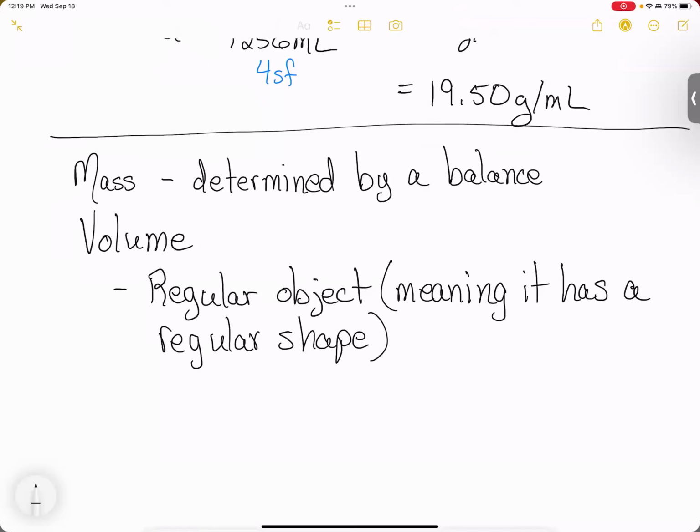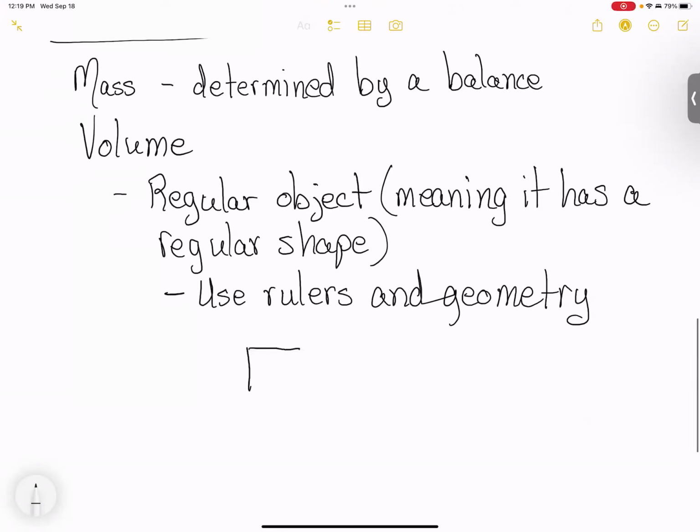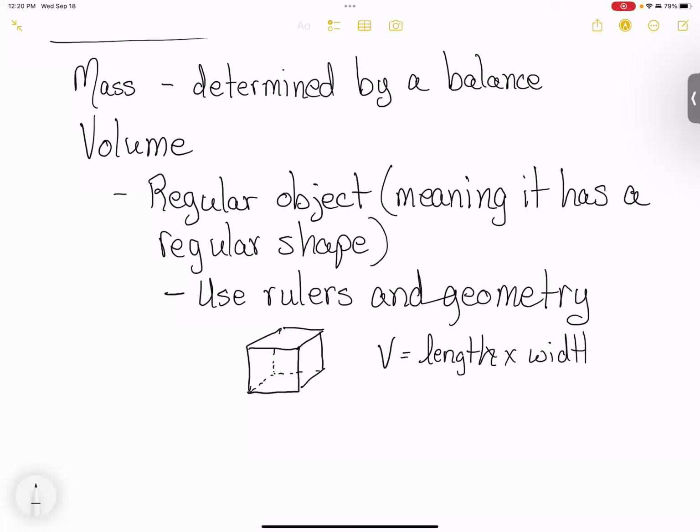We use rulers and geometry. So, for example, if we have a square object, the volume is going to be equal to the length times the width times the height.